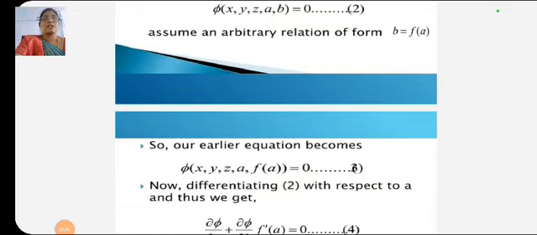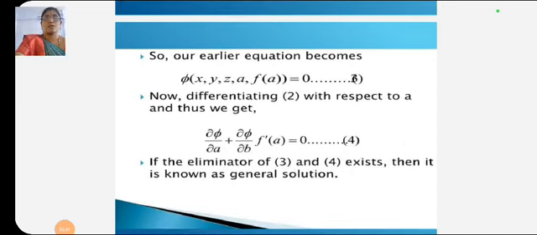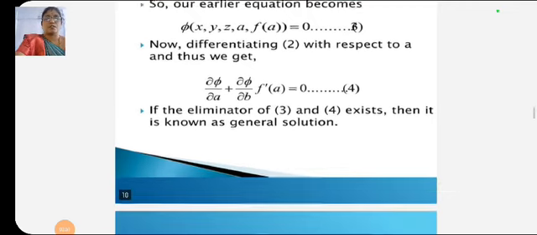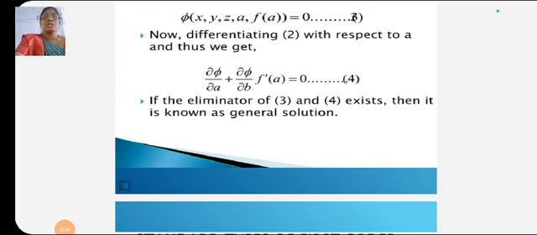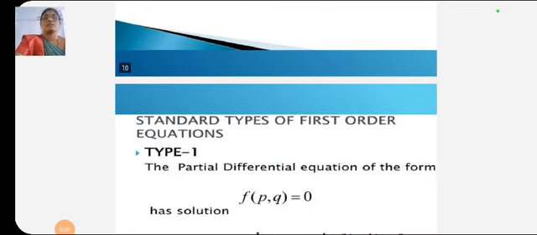So our earlier equation becomes phi of x comma y comma z comma a comma f of a equal to 0. Now differentiating with respect to a, we get dou phi by dou a plus dou phi by dou b into f dash of a equal to 0. This is equation 4. By eliminating a between 3 and 4, we get the general solution.